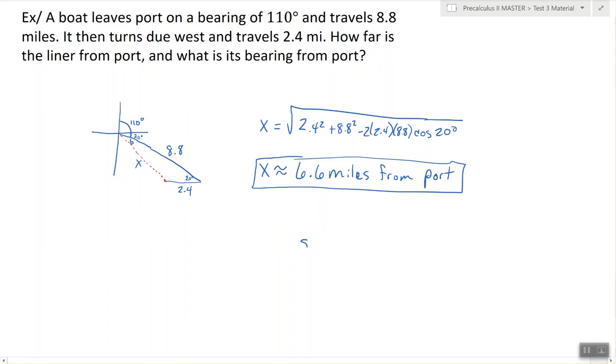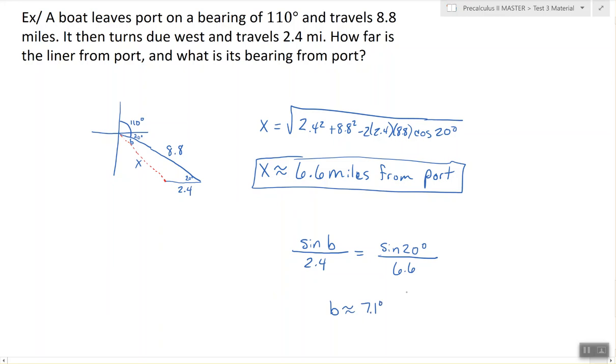So we could say that the sine of B over the 2.4 given is equal to sine of 20 degrees over the 6.6 that we just found. So we're going to multiply both sides by 2.4 and take the inverse sine, and I'm going to get angle B of about 7.1 degrees.